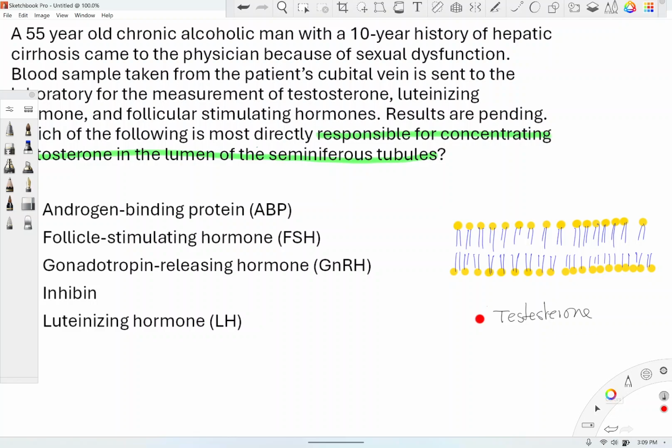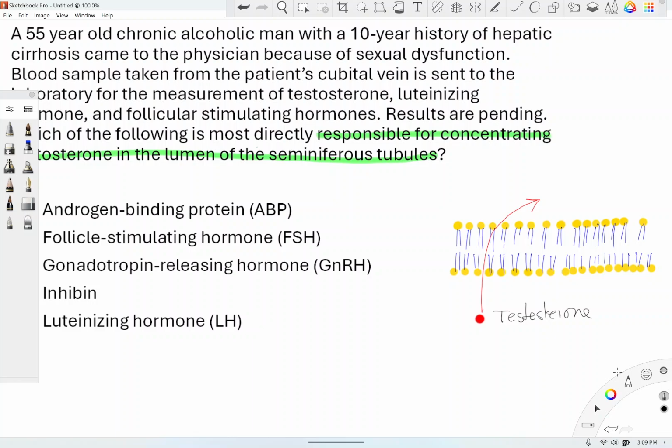Cholesterol is fat. The phospholipid bilayer, or cell membrane, is fat. So testosterone can easily diffuse out. It can easily leak through the cell membrane. We don't want testosterone to leave. We want testosterone to be concentrated in the area so we can use it for spermatogenesis, for sperm production.